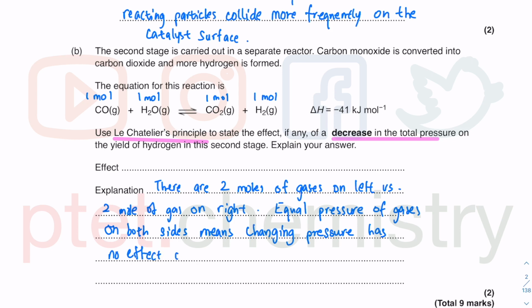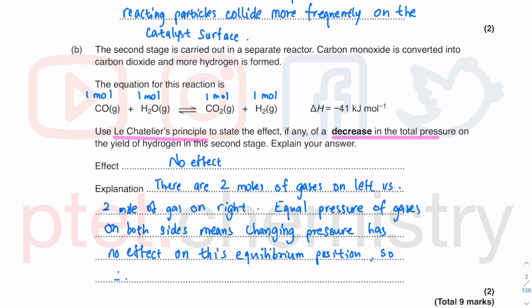So changing pressure has no effect on this equilibrium position because both sides have the same number of moles of gas there, so no effect. There is no effect on the equilibrium yield because there is no effect on the equilibrium position, so therefore also no effect on the yield of hydrogen since the position doesn't get affected at all.